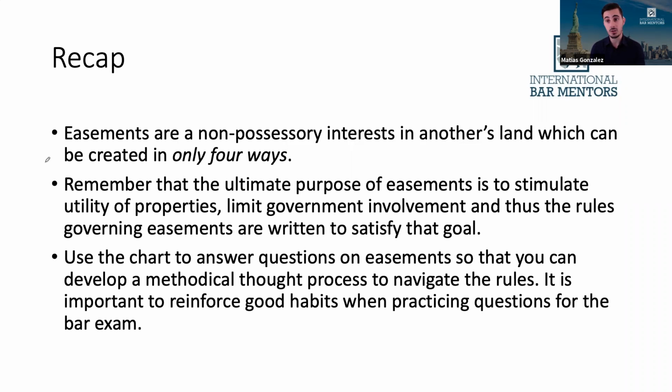If you can't show it, then you don't have one. It's pretty straightforward. Use the chart to answer your questions, just like we did here. We literally used the chart to arrive at the right answer and to eliminate wrong answers, which is just as important, because as you've seen, one answer will always be kind of attractive to pick, but if you stick to the rules and to your flow chart, you will know why not to pick it.